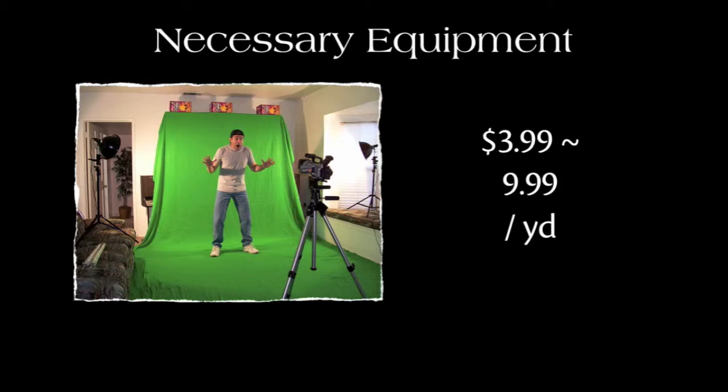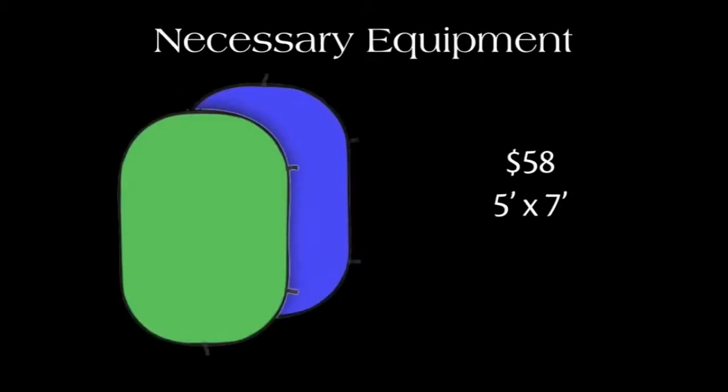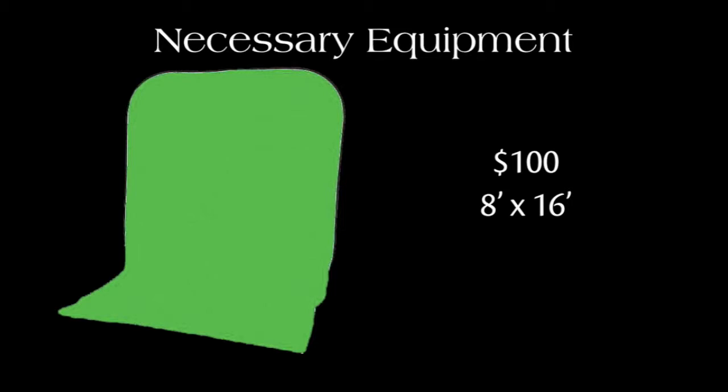One of the easiest ways is a pop-up. And they did this with reflectors. Now they have it for a green screen. So on one side it's green, the other side is blue, whichever one you want to use. For a 5x7, it's around $60. You can find that online. But also, for a larger one, $100 for 8x16.